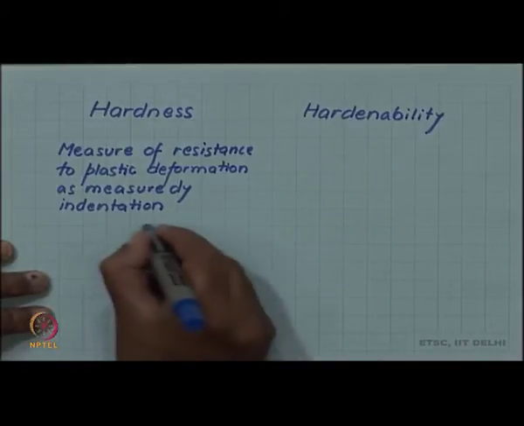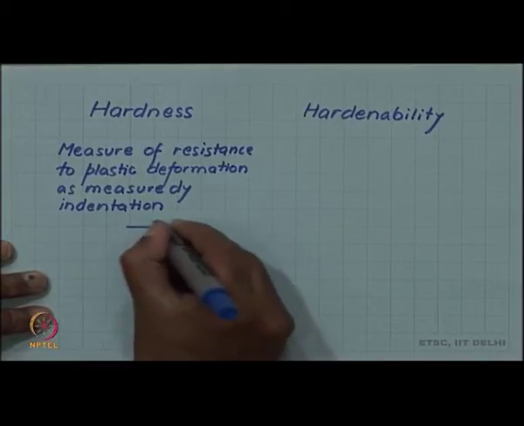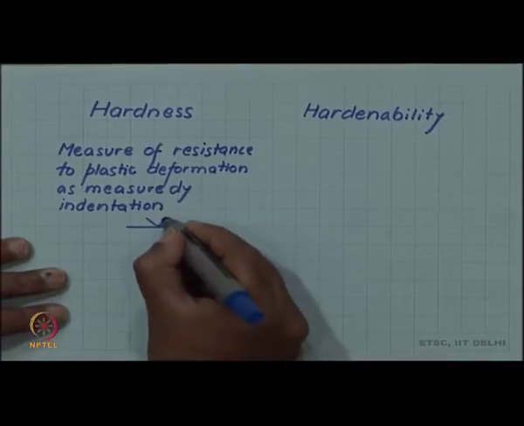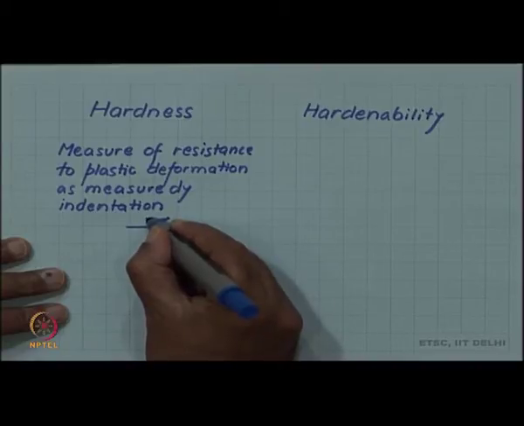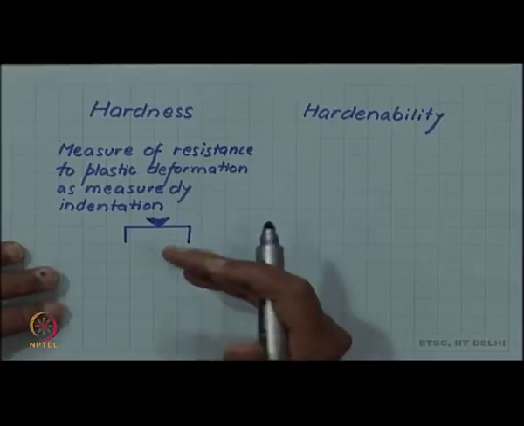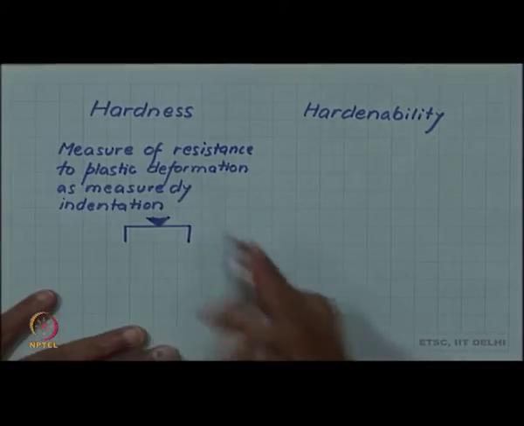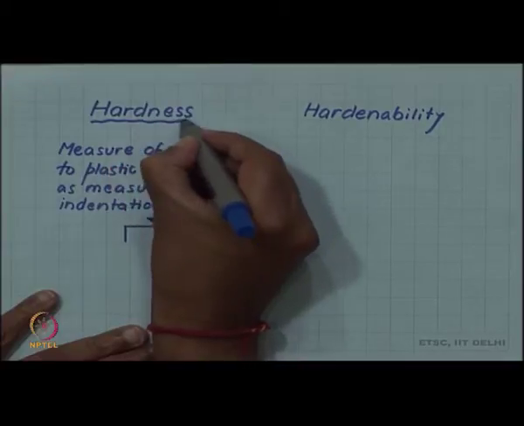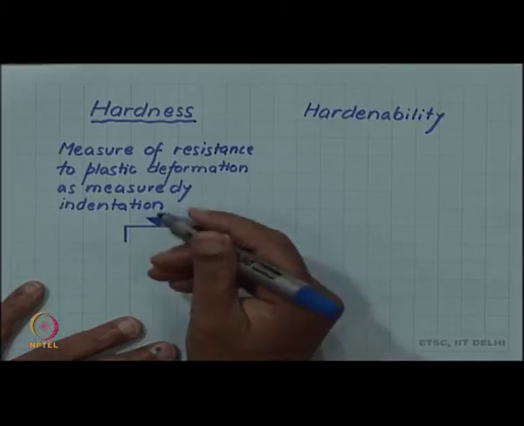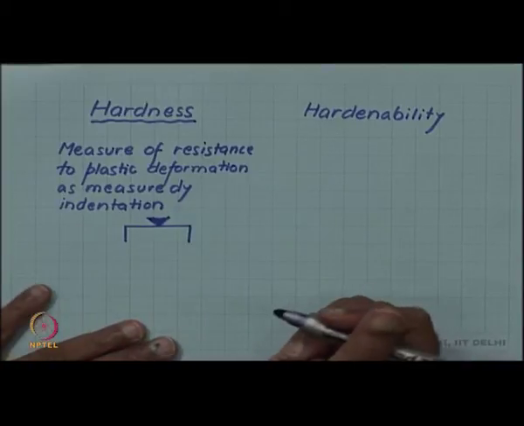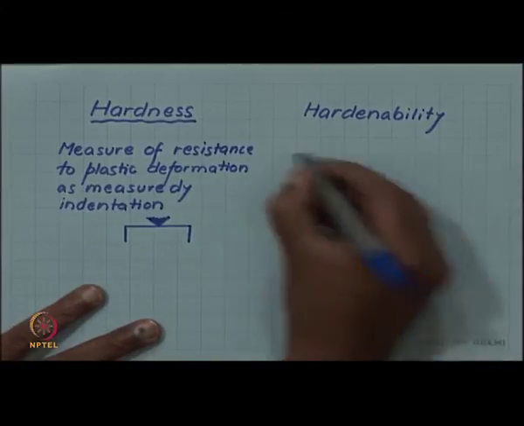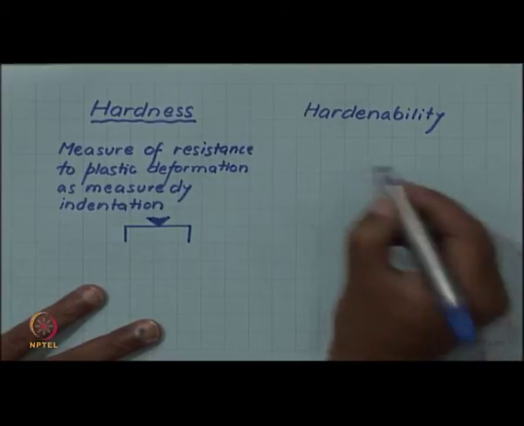As you have seen, we push an indenter of some hard material onto the sample and we measure how much the indenter went in, and that is a measure of hardness. For a higher hardness material, the indenter will go less into the material; for a lesser hardness material it will penetrate more. So, this is what hardness is, whereas hardenability has nothing to do with this hardness.